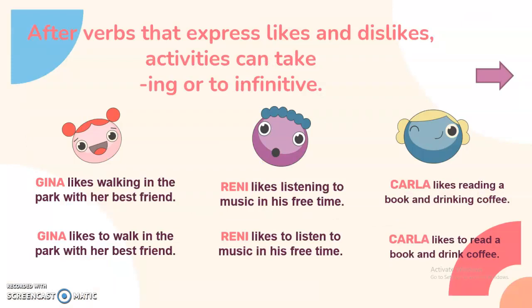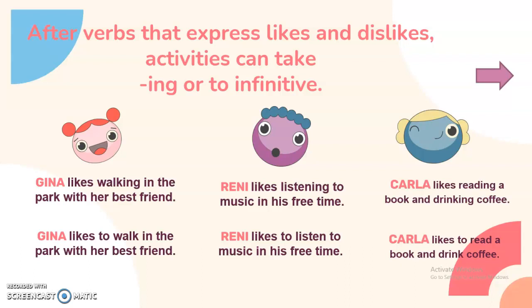So, after verbs that express likes and dislikes, activities can take an ing form or a to infinitive form. Cuando tenemos verbos que expresan cosas que me gustan o no me gustan, vamos a escribir las actividades con ing o con el to infinitivo. Both are perfectly correct, but the one with the ing form is much more commonly used.